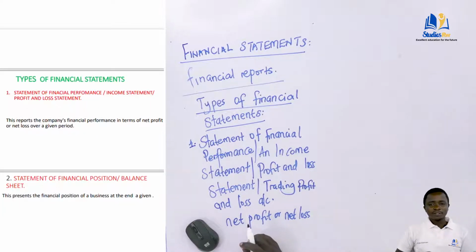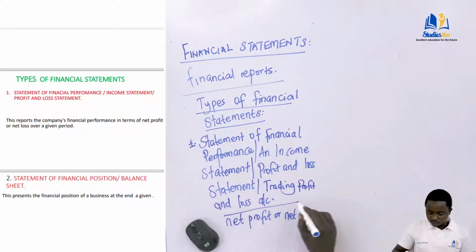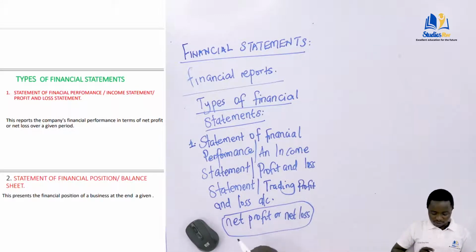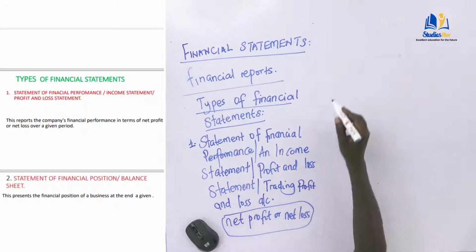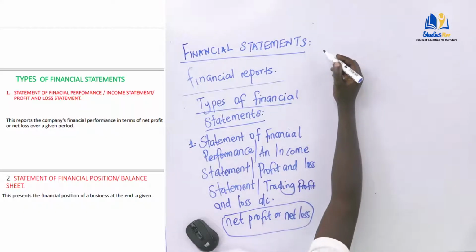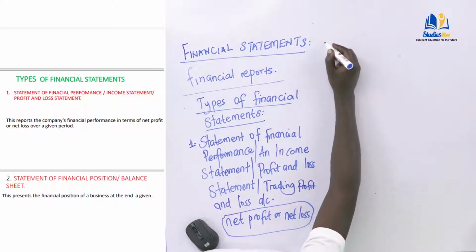There are things that must be done for us to identify whether the business made net profit or net loss. The income statement contains two accounts.